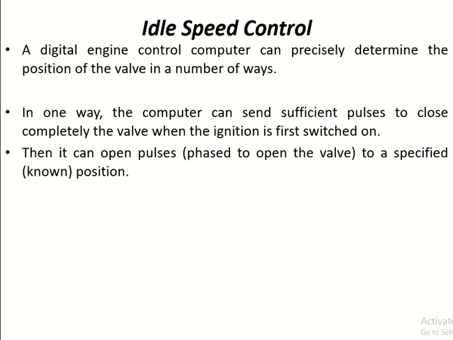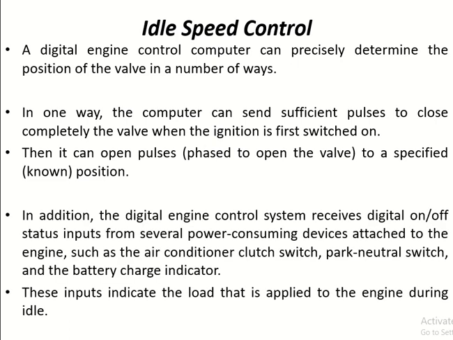Then it can send pulses to open it to a specified known position. In addition, the digital engine control system receives digital on or off status inputs from several power consuming devices attached to the engine, such as the air conditioner clutch switch, park neutral switch, and battery charge indicator. These inputs indicate the load that is applied to the engine during idle.